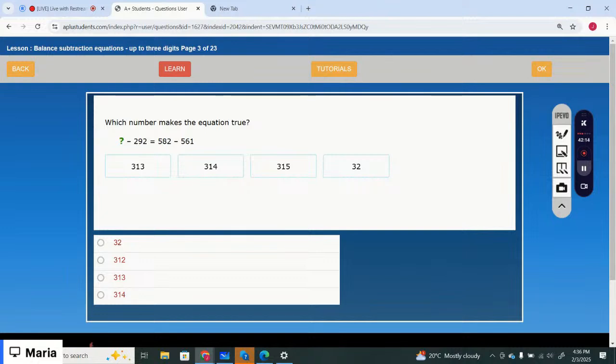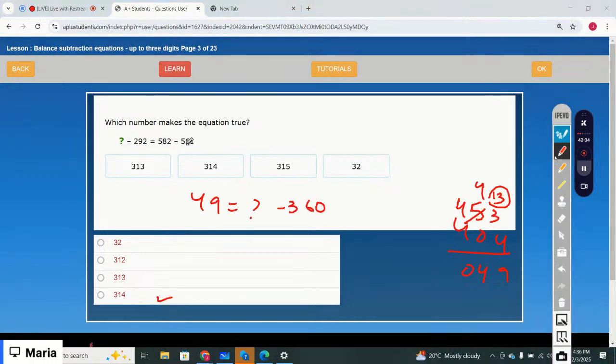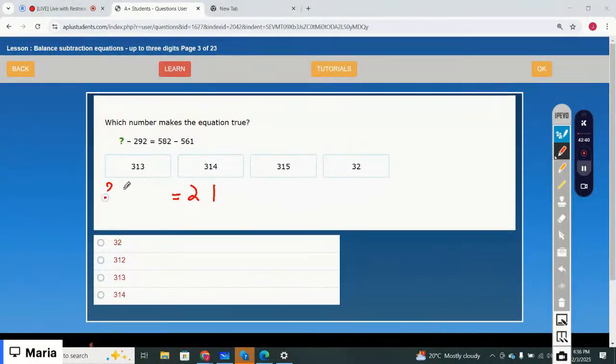Which number makes the equation true? 582 minus 561, 2 minus 1 is 1, 8 minus 6 is 2, that is 21.